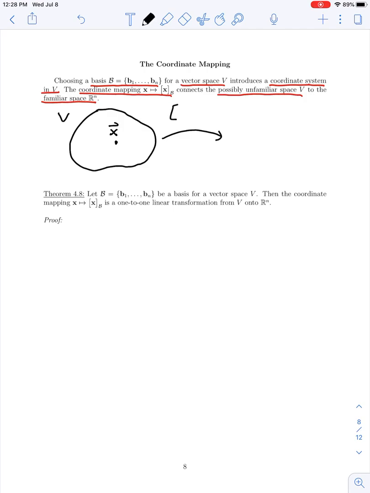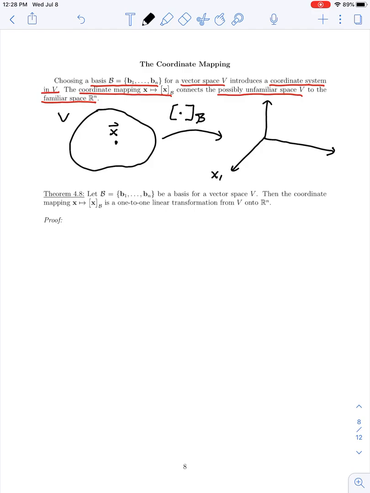We might call this the coordinate vector associated with the vector x relative to the basis B, and it gives us a vector in Rn. Now Rn can be visualized using an orthogonal set of vectors, or standard set of vectors.